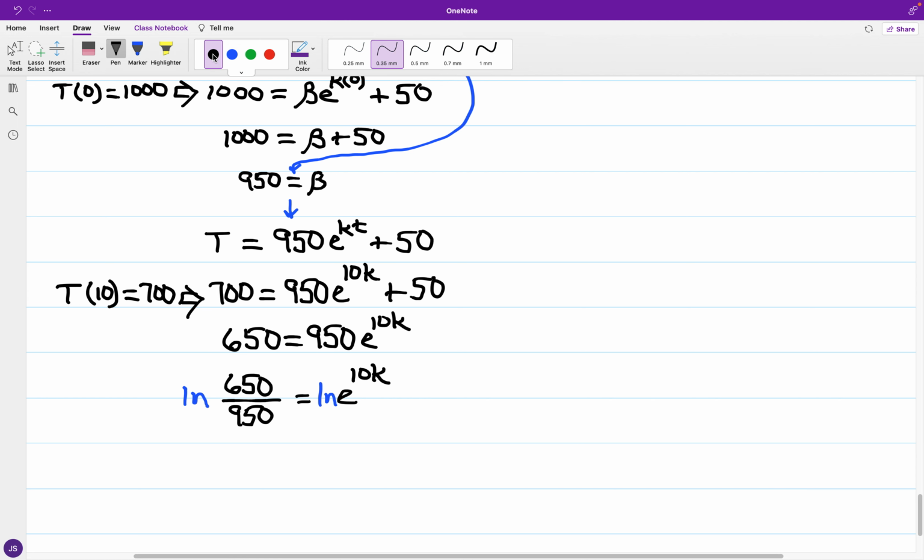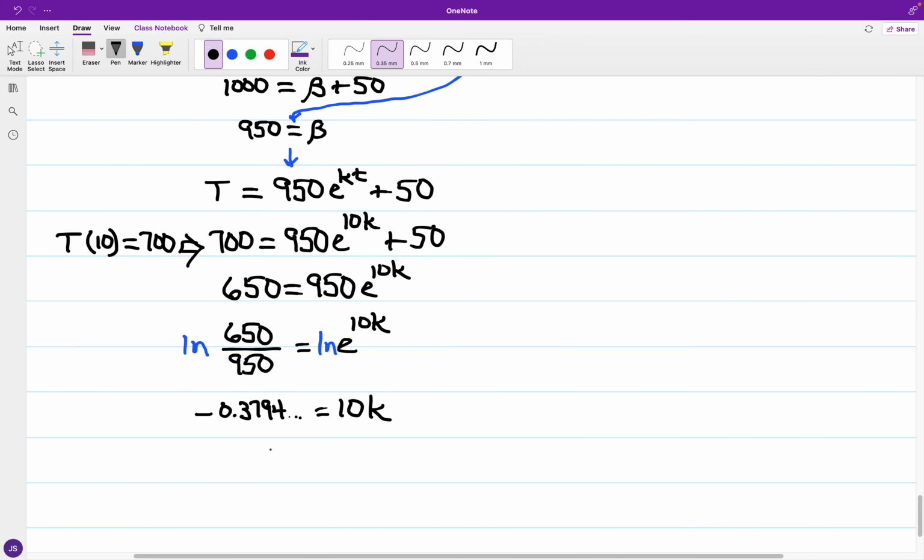The natural logarithm of 650 over 950 is about negative 0.3794. The natural logarithm of e to the 10k goes to 10k. If I divide by 10, to about the nearest 4 decimal places, k is going to be about negative 0.0379.